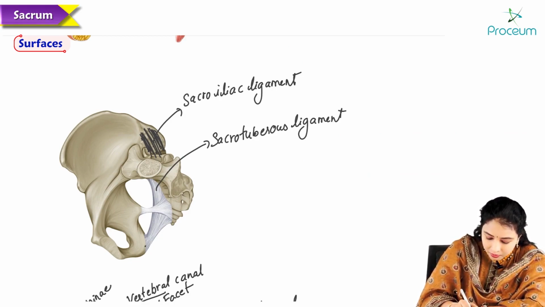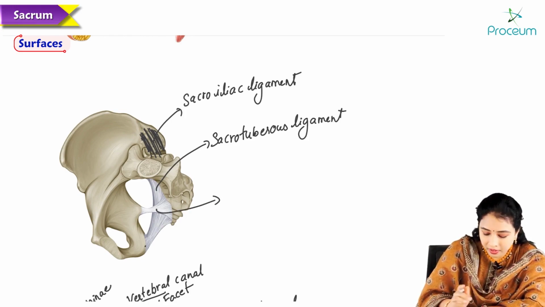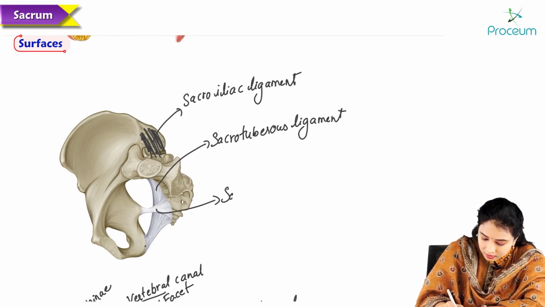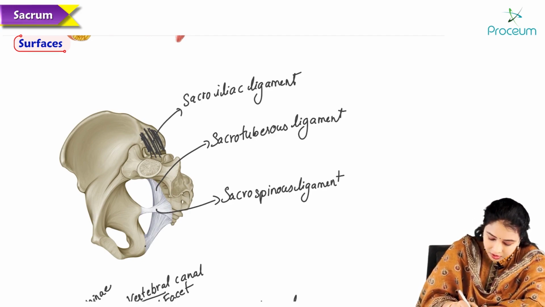And from the sacrum to the ischial spine is the sacrospinous ligament, which converts the greater sciatic notch into the greater sciatic foramen, and here is the lesser sciatic foramen.